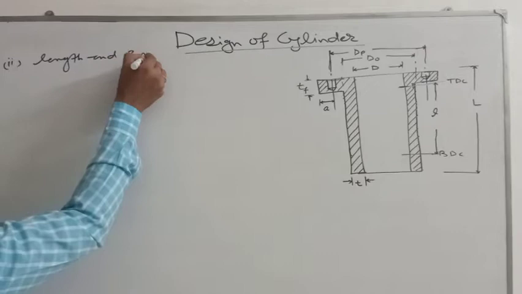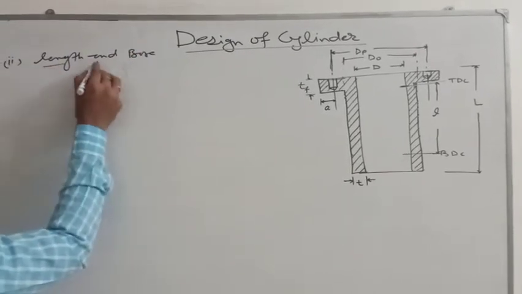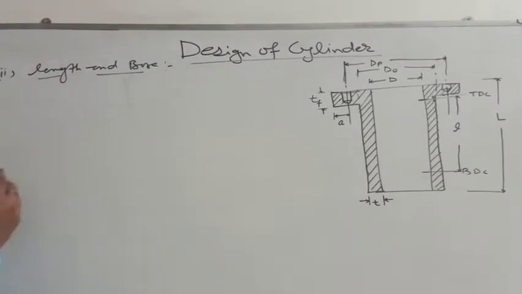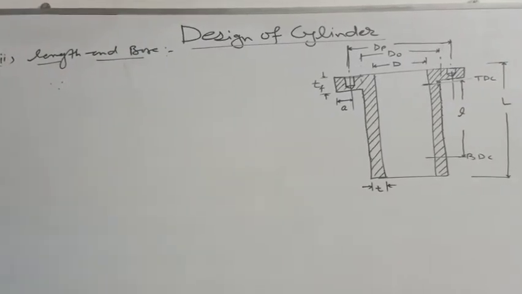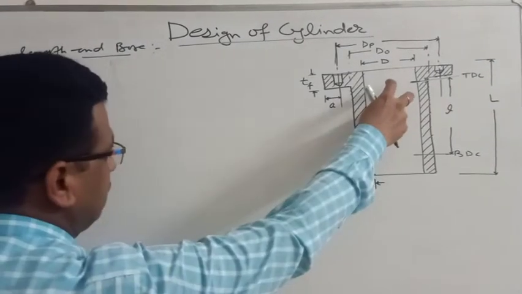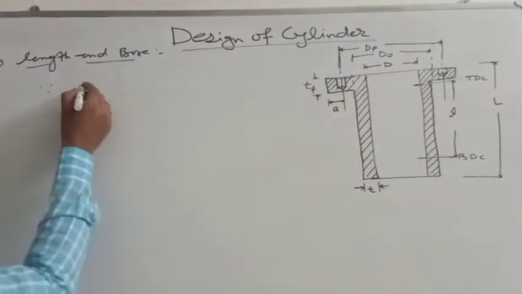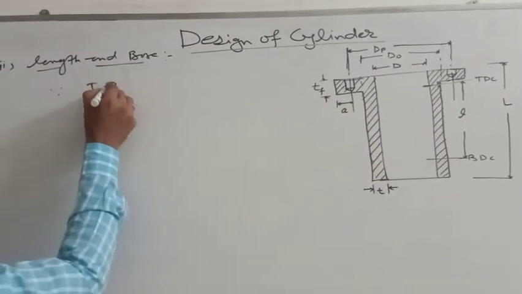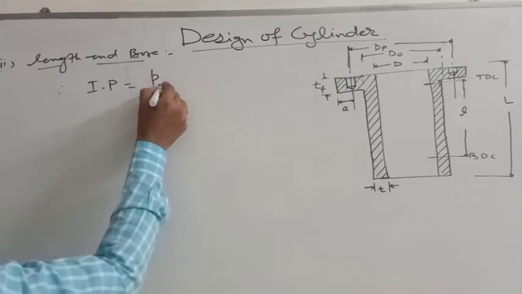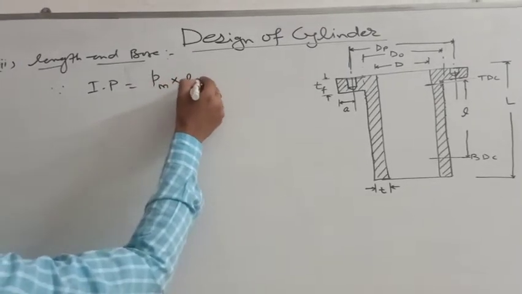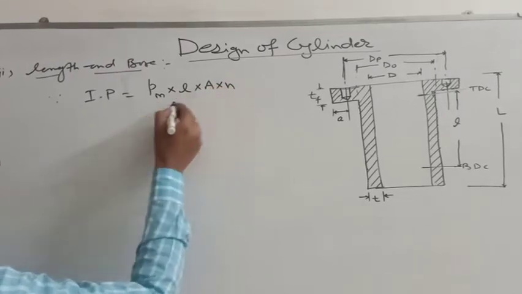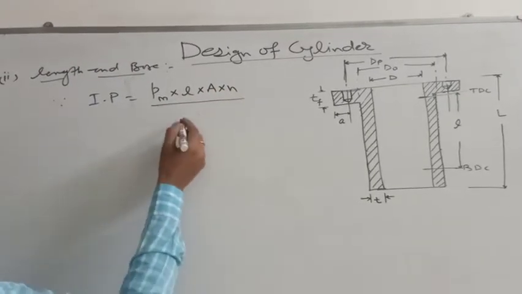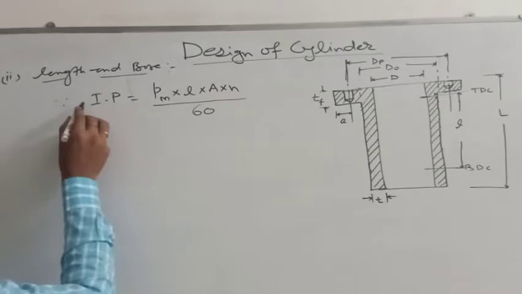We know that the power generated in this cylinder is known as the indicated power, and that's why the formula for the indicated power is used, in which we have the mean effective pressure multiplied by the length of stroke, multiplied by the area, and multiplied by the number of working strokes, divided by 60.